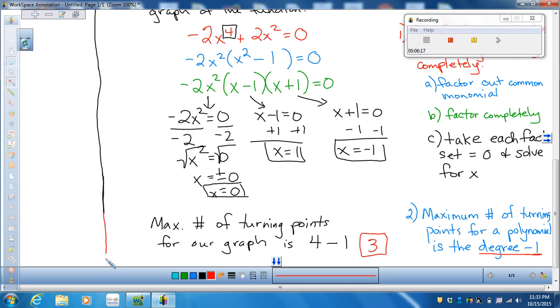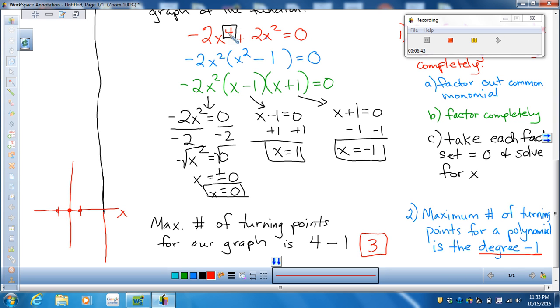If we were to graph this real quick, I know that I have zeros at 0, 1, and negative 1. So if I plot those points real quick, zeros, remember, are on the x-axis, so I have one at 0, another at positive 1, and another at negative 1.